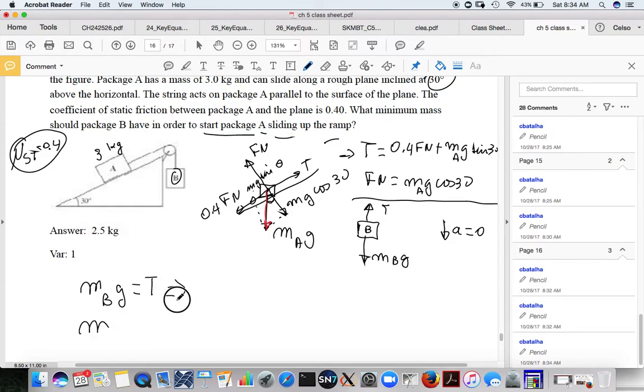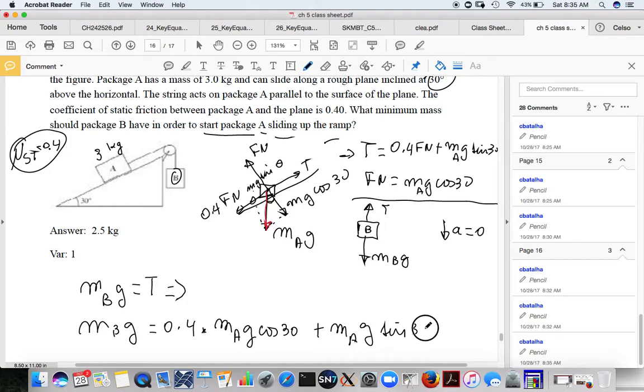So then we can say mBg is equal to 0.4 times Fn, which is mAg cosine 30, plus mAg sine of 30. So then we can find mB if we divide everything by g. So g can just cancel out. Okay. So that's it.